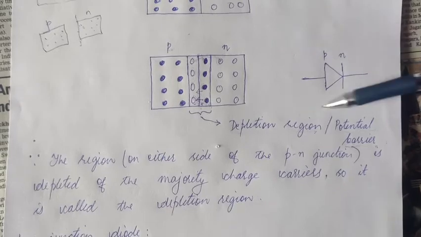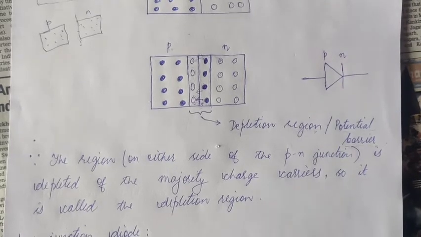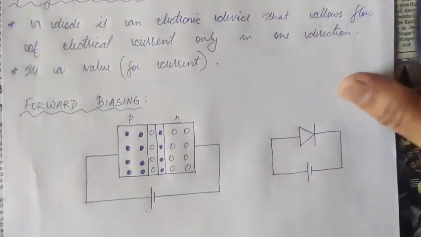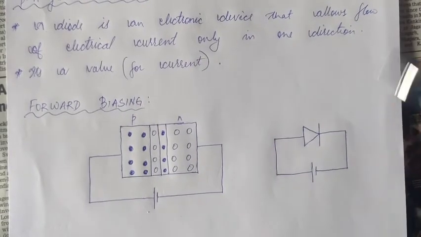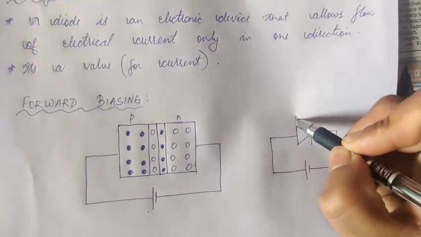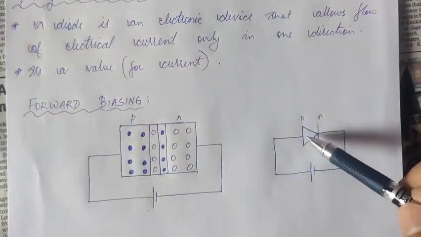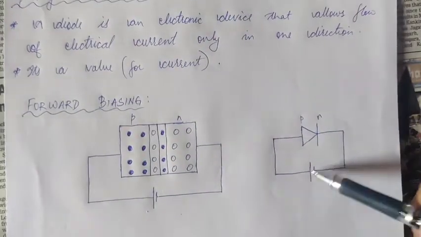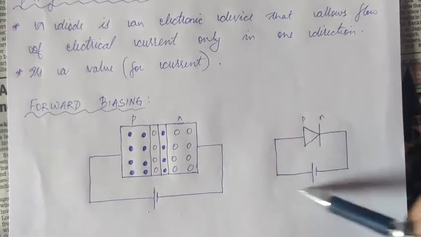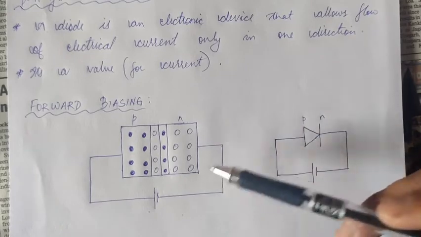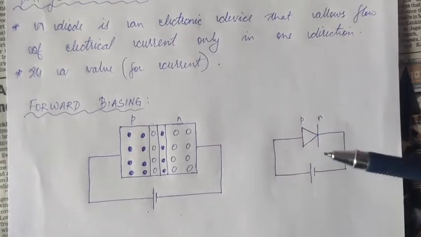You can see the forward biasing of the p-n junction diode here also: to the p side we have the positive terminal connected, and to the n side the negative terminal connected. This is the symbolic representation for forward biasing of a p-n junction diode.